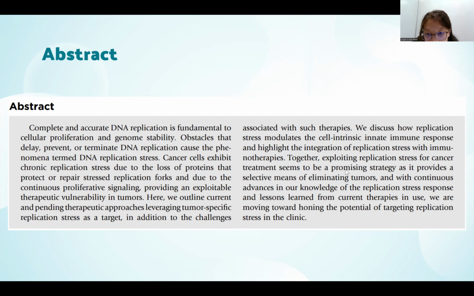Then it talks about how this method is promising for further research, and they talk about the different lessons that they learned and how we can continue to target DNA replication stress in treatments moving forward.